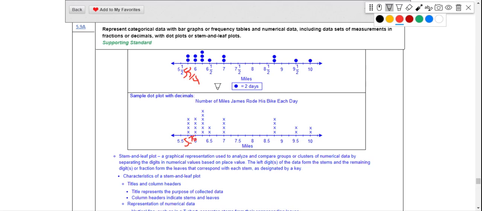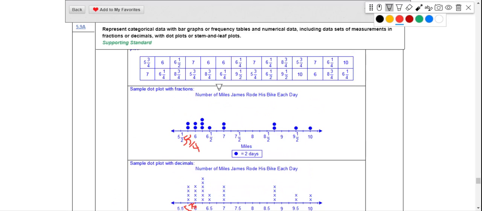Bad handwriting, I'm sorry. But what that is showing you is that 5 3/4 is right here. That's this spot right here. That's 5 3/4, or 5 75 hundredths.